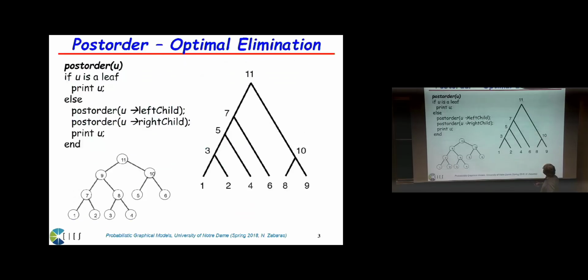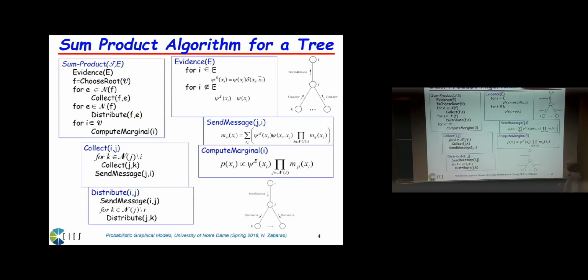Okay. So we were looking at trees, and we discussed that if you have a directed graph, you transform it to an undirected graph, and so we discussed the SumProduct algorithm for a tree. The whole algorithm is what you see in the first box.